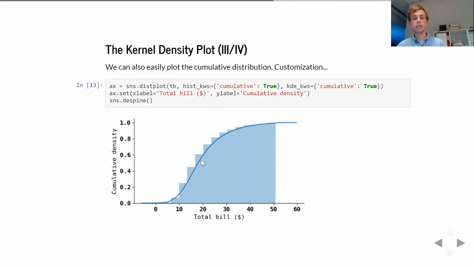And then I'm also specifying that the estimate of the density of the total bill variable should also reflect the cumulative distribution instead. In addition, I'm changing certain things about our plot. I'm still specifying that I want total bill to be our X label, and I want cumulative density now to be our Y label, and then I despine the plot, and then I get the following here. So you can do a range of things with, for instance, this displot in Seaborn.